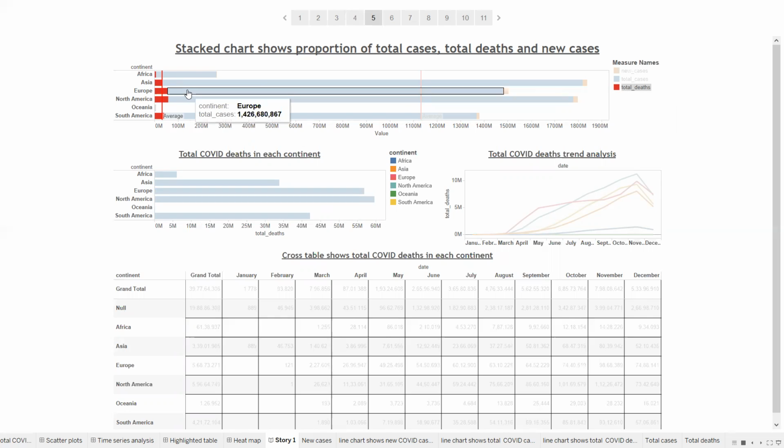And this time, except Africa and Oceania, the other four continents either have higher total COVID deaths than the world average or exactly equal to the world average, which is represented by this red line.